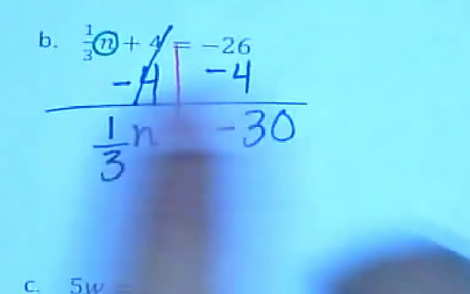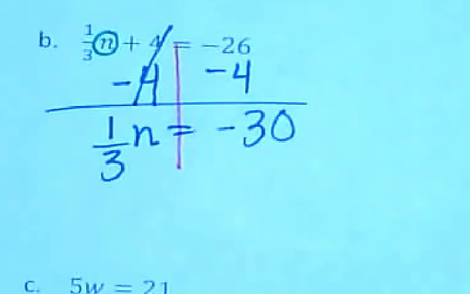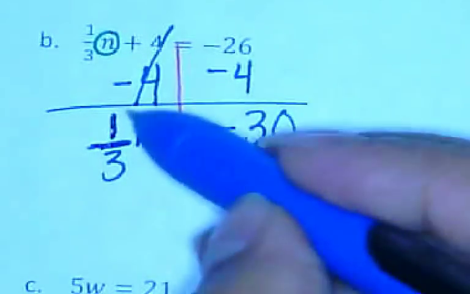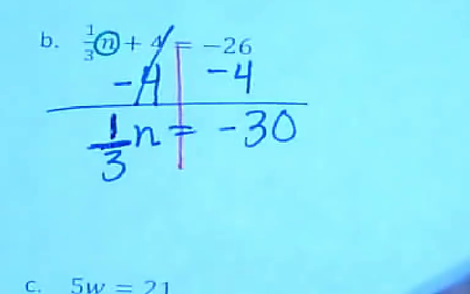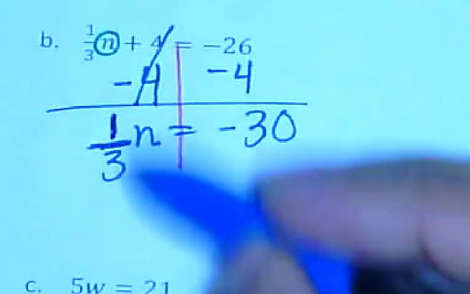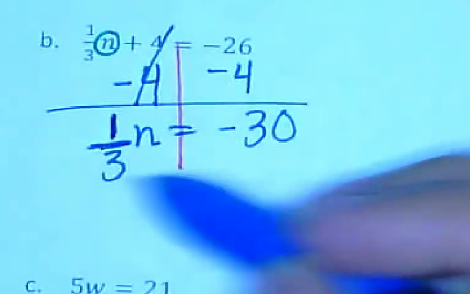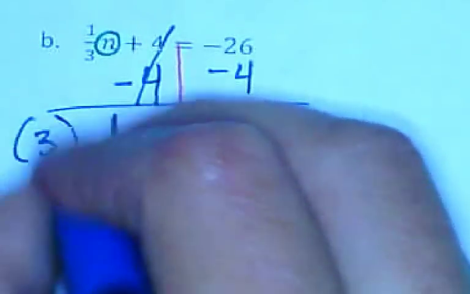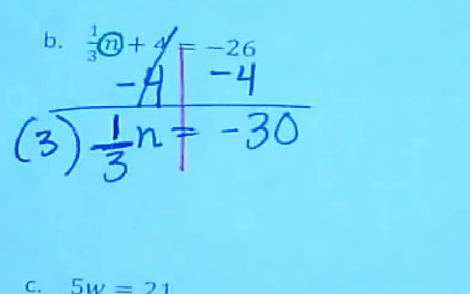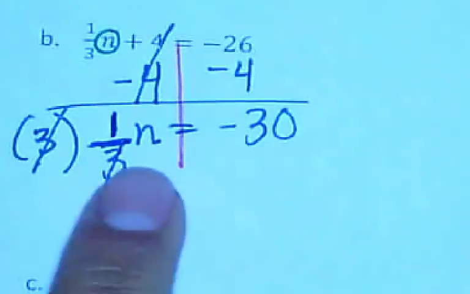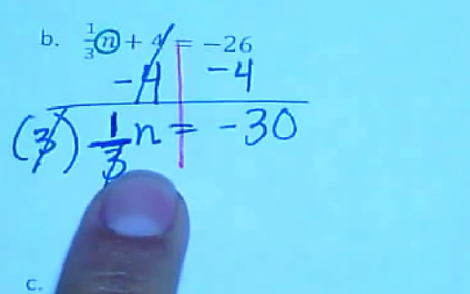1/3 n is the same thing as n divided by 3. Whenever we have a 1 in the numerator, it's the same thing as dividing by that denominator. Here we do the reciprocal to eliminate a fraction, which is the same thing as multiplying by 3. If you multiply by 3, this becomes a 1, and you're left with n on its own.